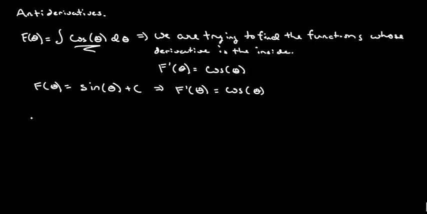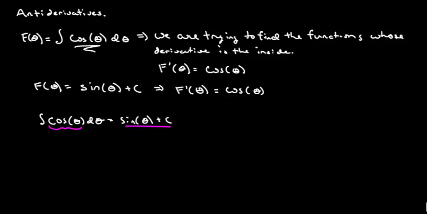So we say that the indefinite integral of cosine theta d theta is equal to the sine of theta plus some constant of integration, just like that. So right now I've shown you the first antiderivative. If you have cosine for your integrand, we work our way backward to this right here.